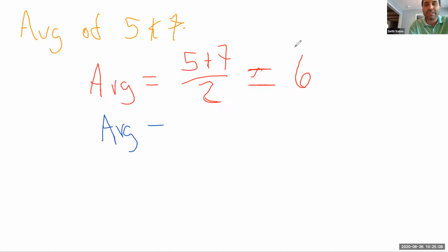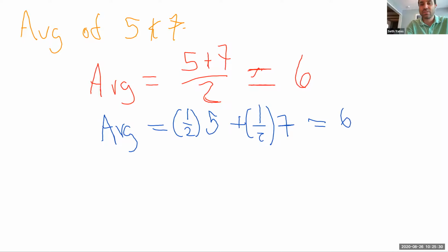The average is 1/2 times the value of 5 plus 1/2 times the value of 7, which is equal to 6.